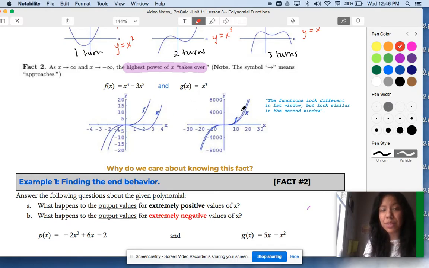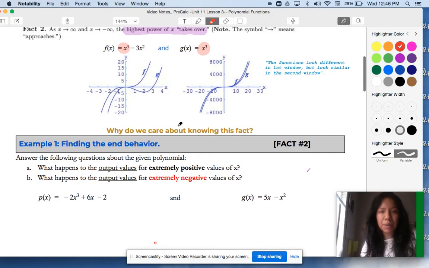There's a reason for that, and that's because the highest power takes over. g of x is equal to x to the third, and f of x also has x to the third. So because the highest power takes over, they're going to have very similar shapes when it comes to how they are graphed.